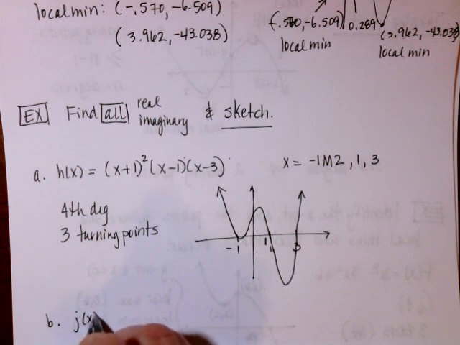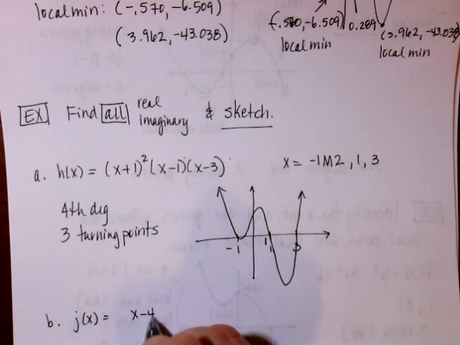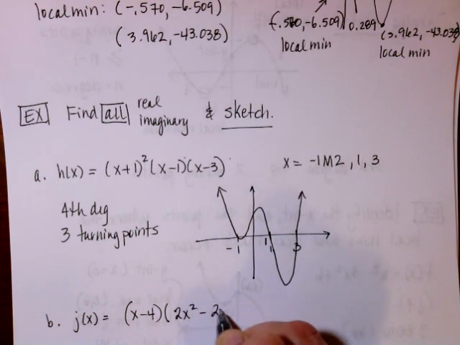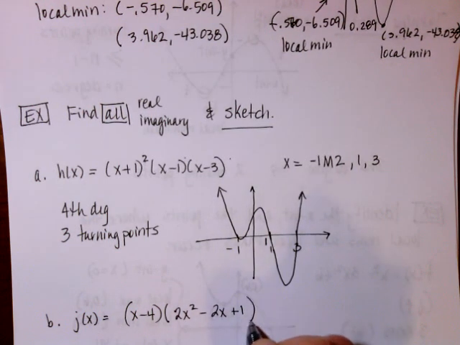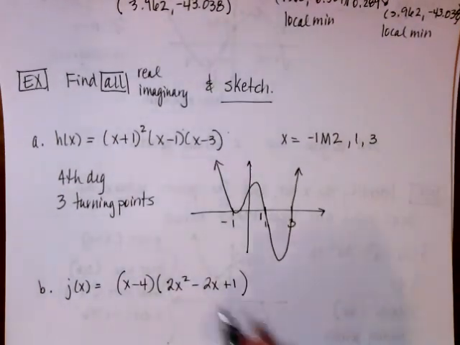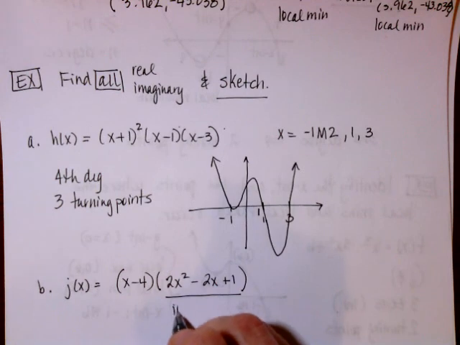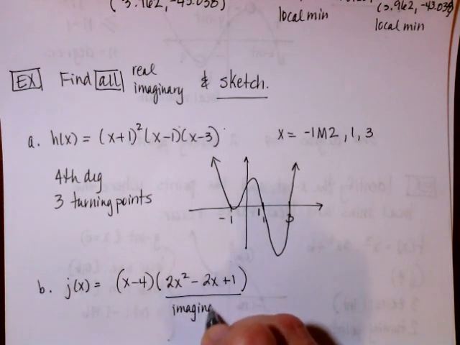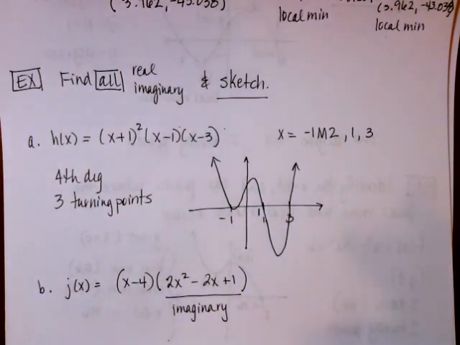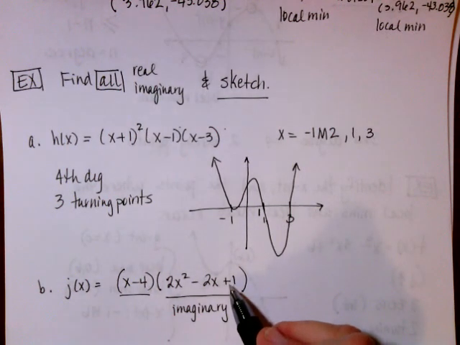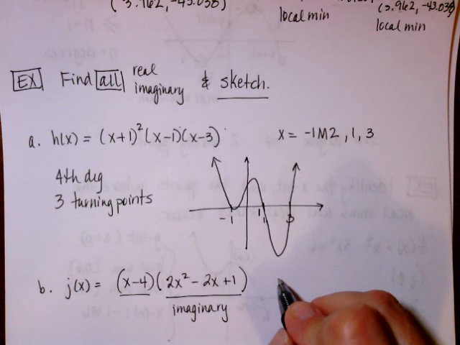So then here's our next example. I'm going to have j of x is equal to (x minus 4) times (2x squared minus 2x plus 1). Okay? Oftentimes when you see a quadratic written out, that means that this is imaginary. It also means it probably doesn't factor. So I'm supposed to have 3 zeros, but I can only see 1, so I'm going to use the quadratic formula on this to find my 2 missing ones.